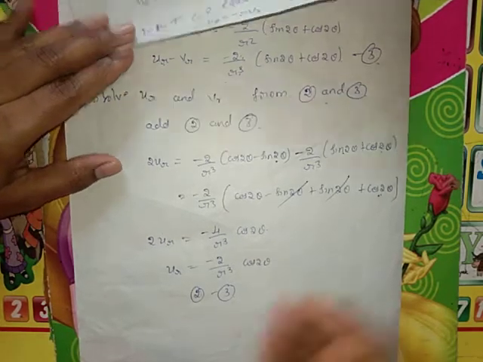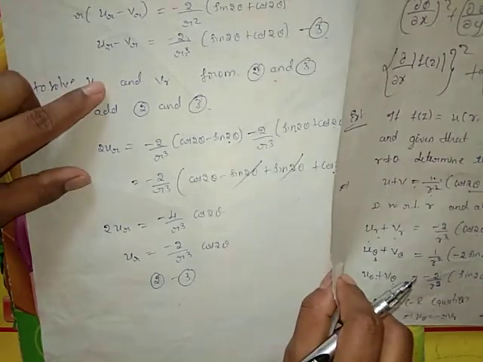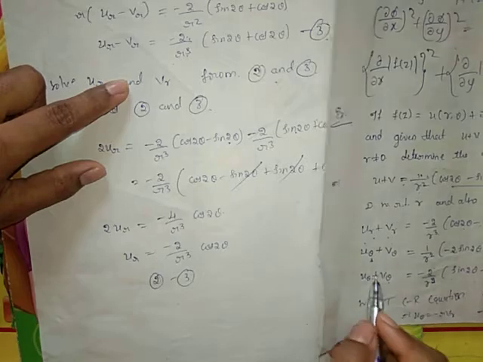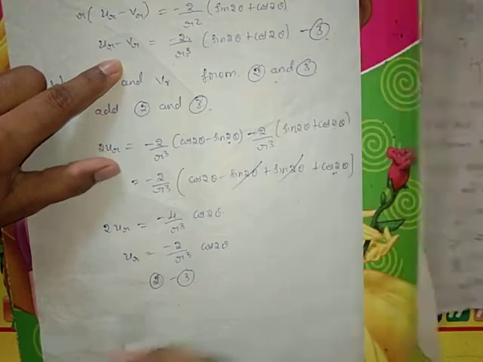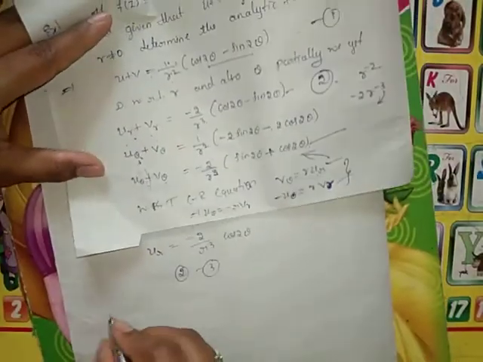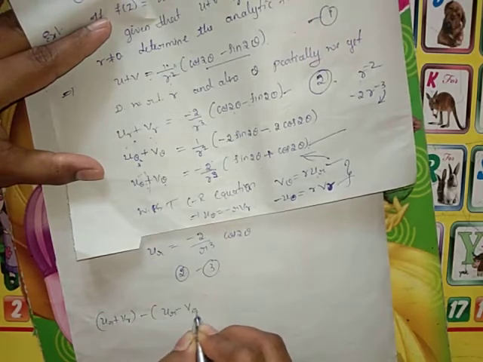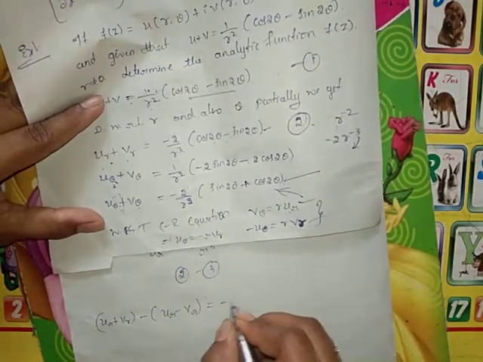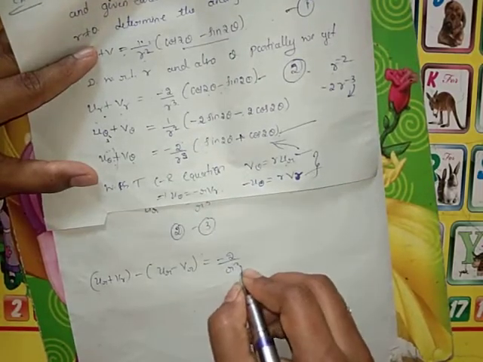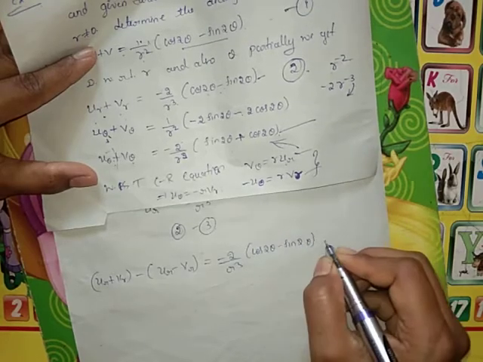we get, here the equation 2 is equal to UR plus VR. Equation 3 equal to UR minus VR. UR plus VR minus of UR minus VR is equal to minus 2 by r cube cos 2 theta minus sin 2 theta, minus of equation 3.